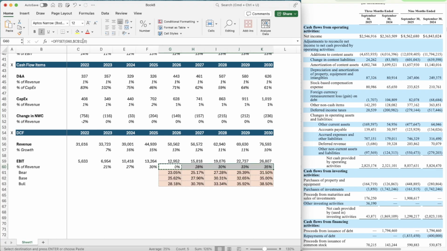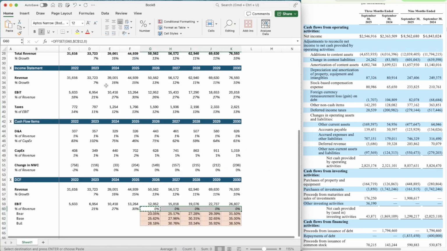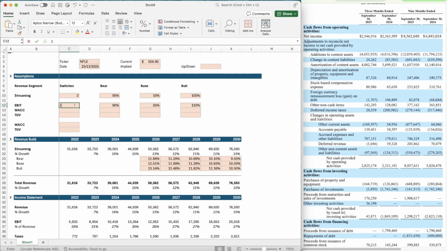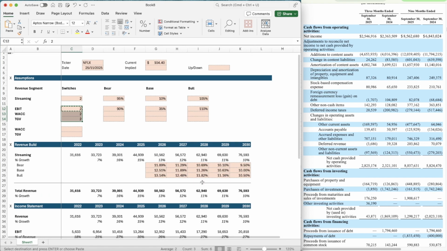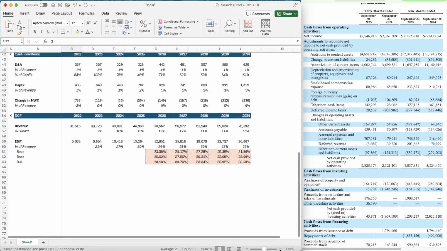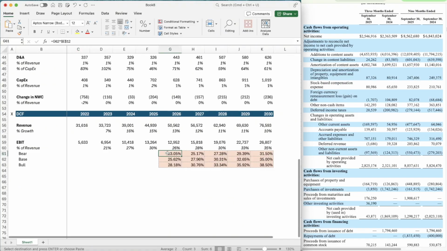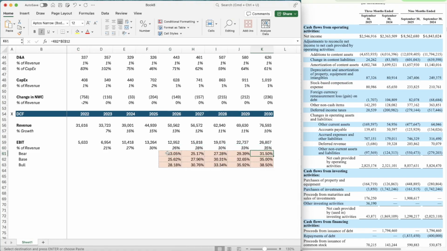Again, we're going to just put the 2 here. Okay, let's just check. Yeah, everything is in order.